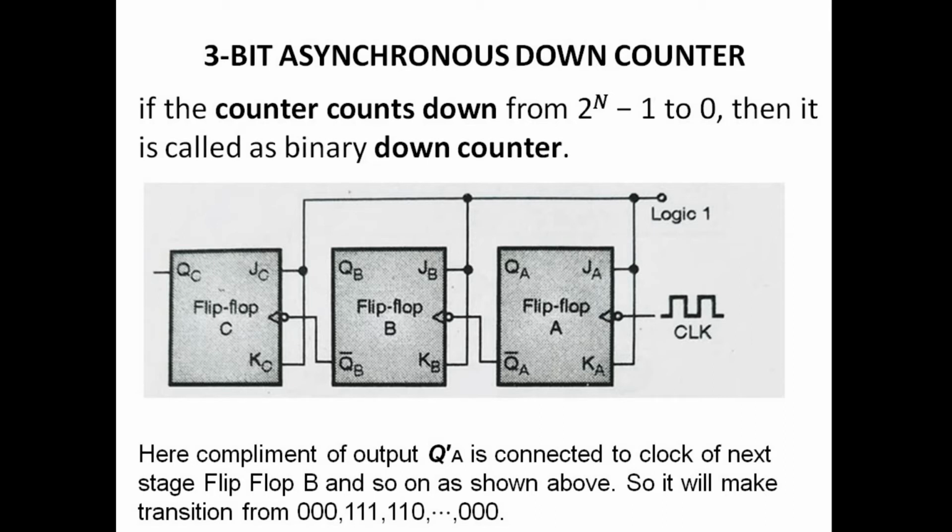The transition will go from 0 0 0, then to 1 1 1, then 1 1 0 and so on until it reaches 0 0 0. And then once again this cycle continues.